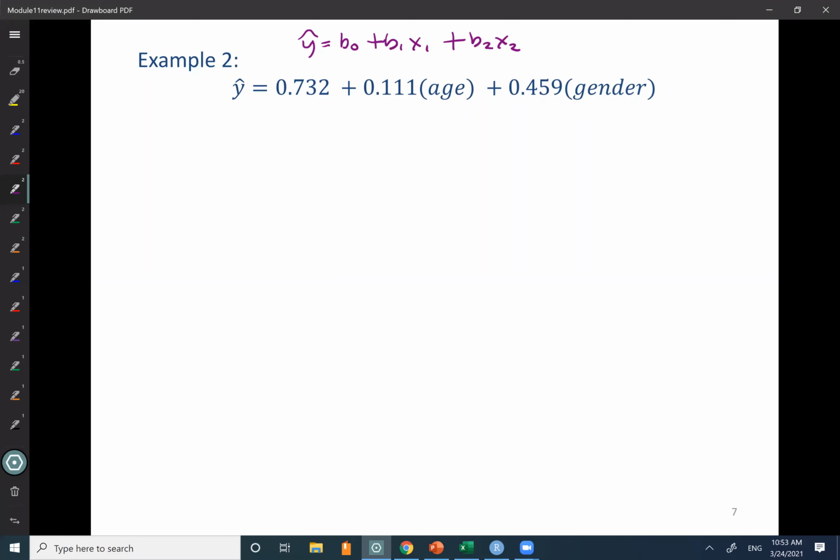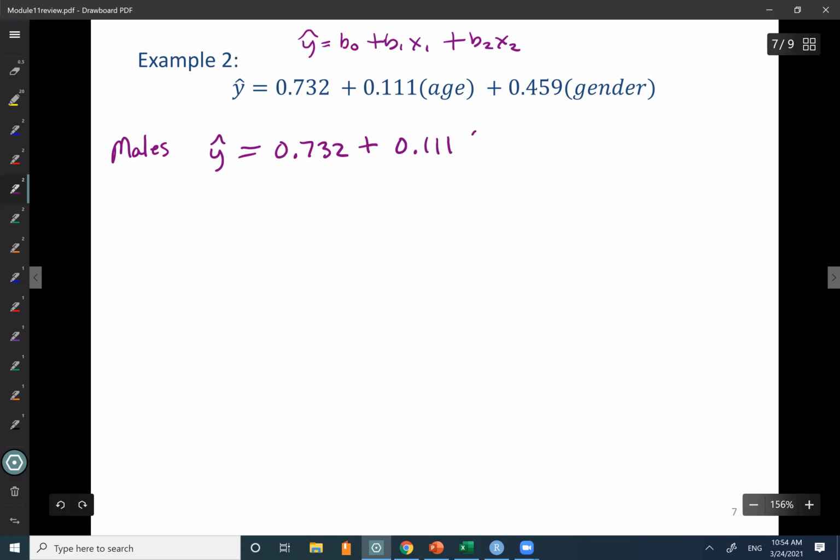So we can fill in for the males. What would be the line if we sub in for the males? 0.732 plus, we'll keep the age, we would multiply by age, and 5.9 we would multiply by 1, right? Because we know that the indicator variable, the dummy variable, for males is equal to 1.